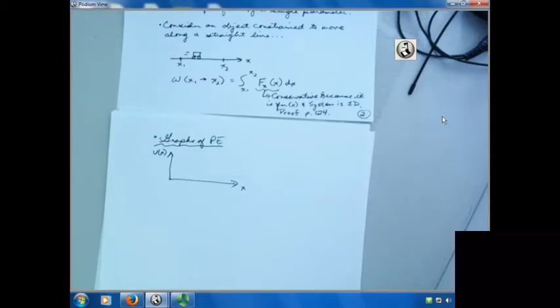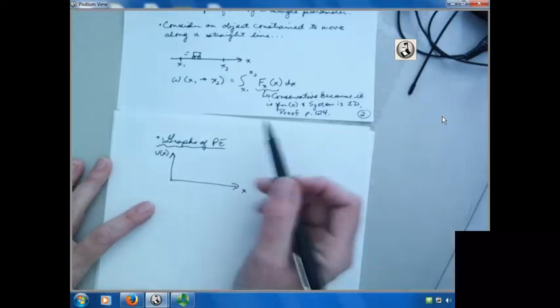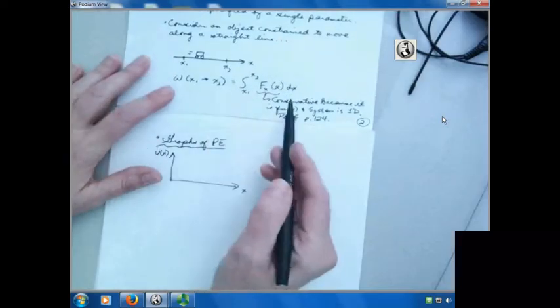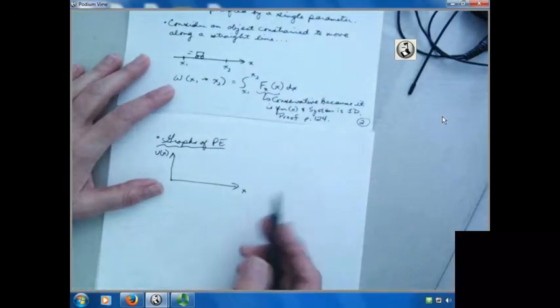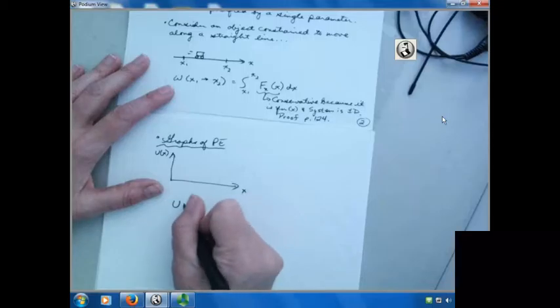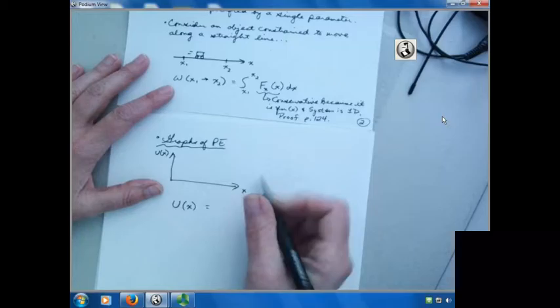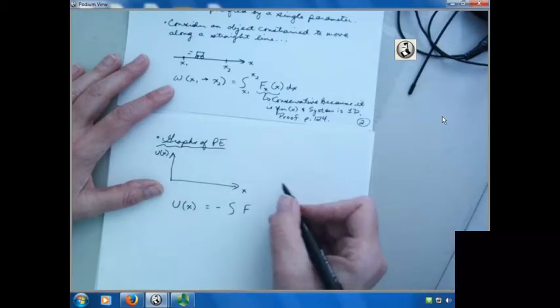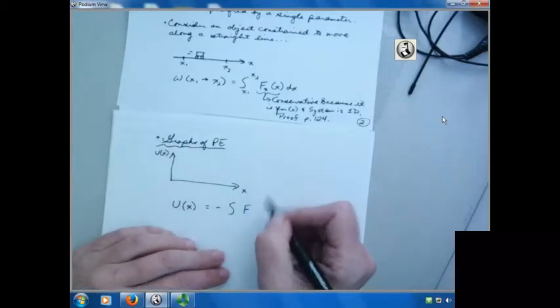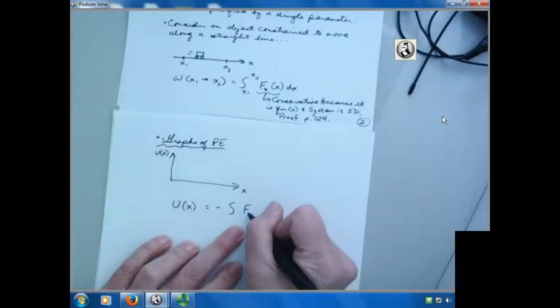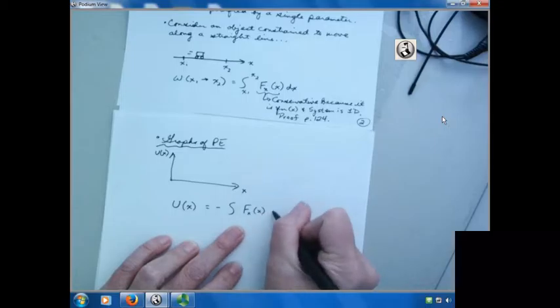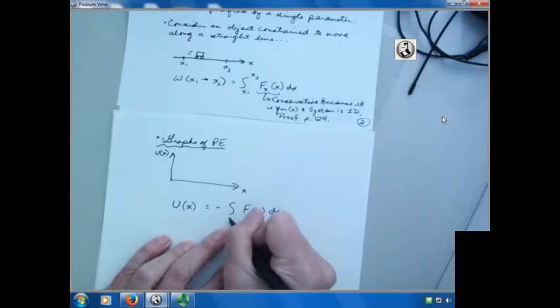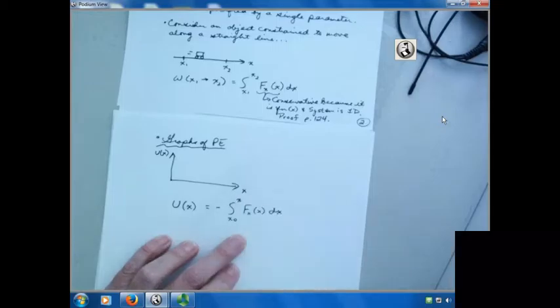So let's go ahead then and talk about, well, I guess I should remind ourselves that we have an expression for work here. Therefore, we'll have an expression for u for the one-dimensional case. It is minus the integral of the conservative force, which if the net force is conservative, could just be net force, sub x, dx from wherever we're calling potential energy 0 to x.